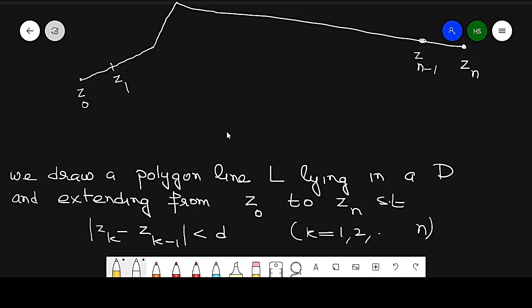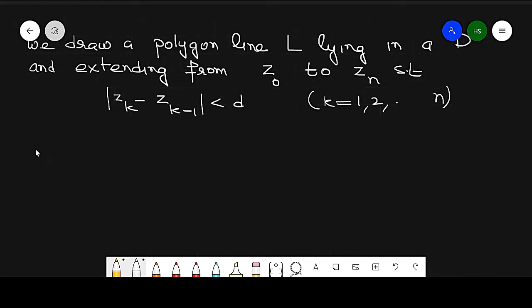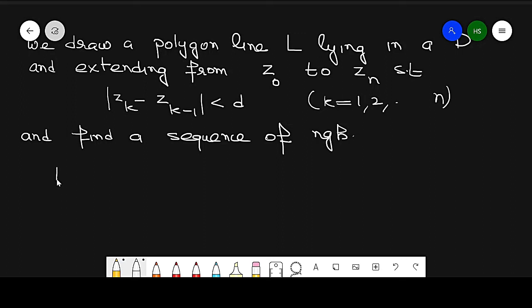Then, in addition to that, find a sequence of neighborhoods denoted by Nk. The center is zk and the radius is d.